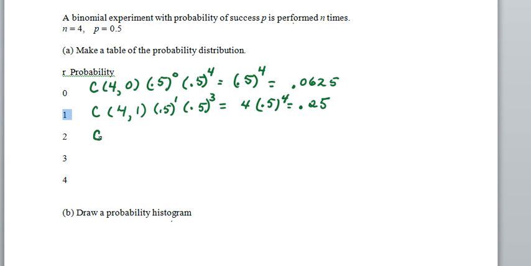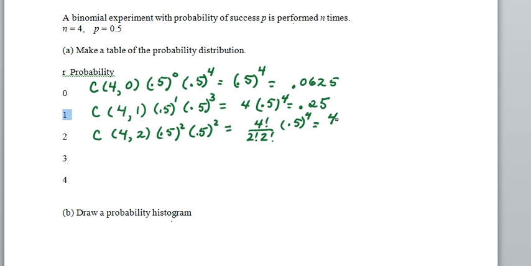For 2, it's the number of combinations of 4 things where 2 are selected, times 0.5 to the 2 times 0.5 to the 2 again. And this time, C for 2 is 4 factorial over 2 factorial, 2 factorial, times 0.5 to the 4th.